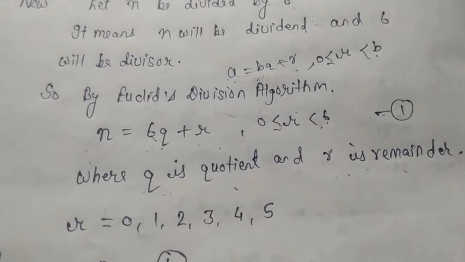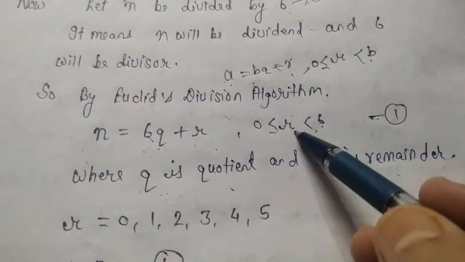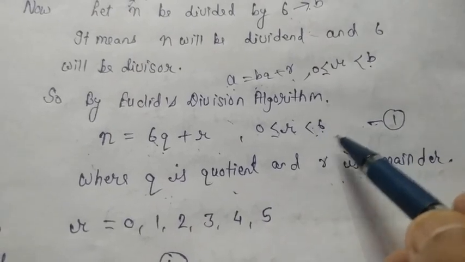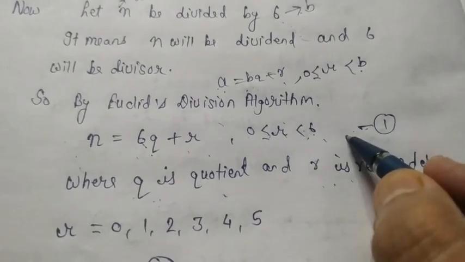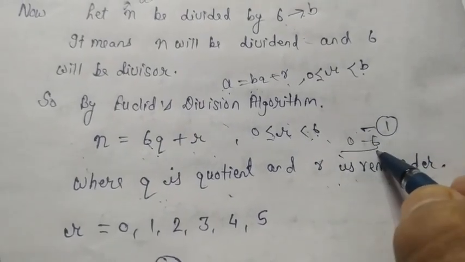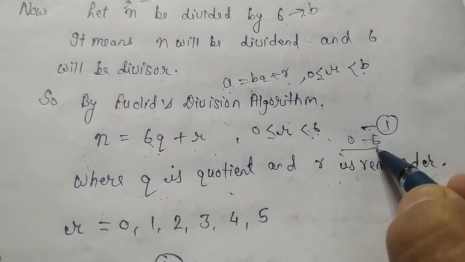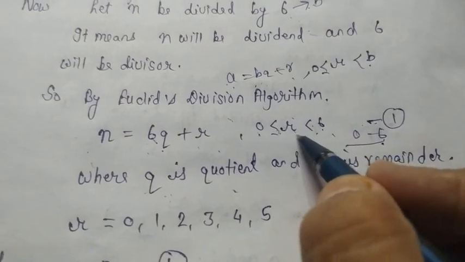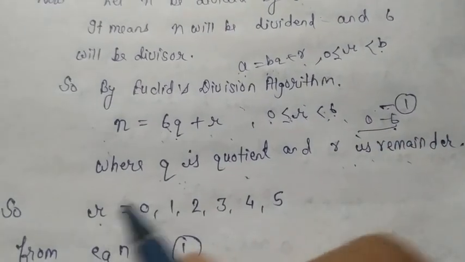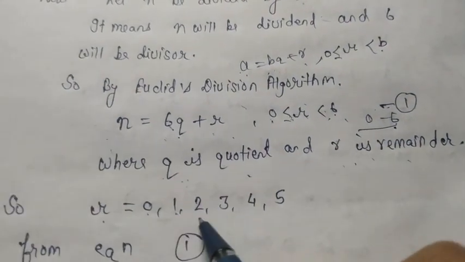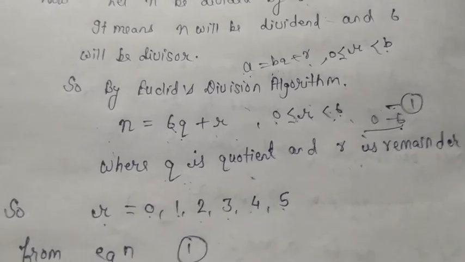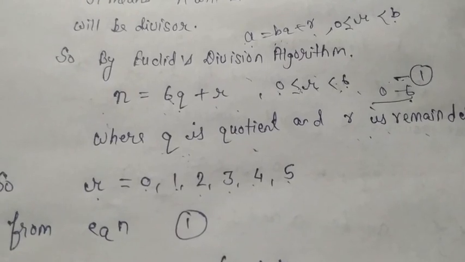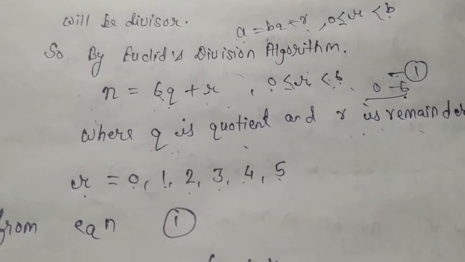Now see children, the value of r is an integer and it is greater than or equal to 0 and less than 6. Means between 0 and 6 we have to take the value of r which is an integer, and we have to take 0 also. So what will be the value of r? The value of r will be 0, 1, 2, 3, 4, 5. This I told you in the previous part also. Remainder is always less than the divisor by 1.